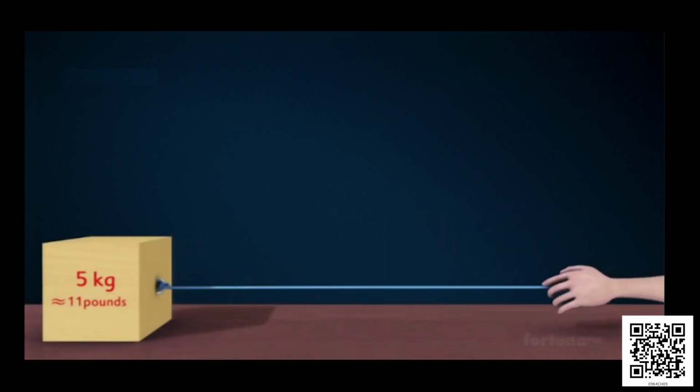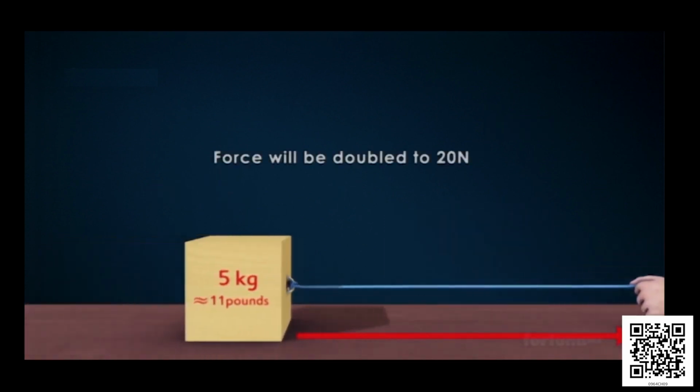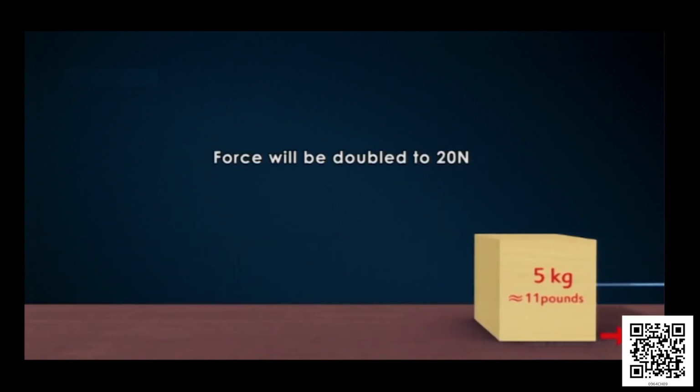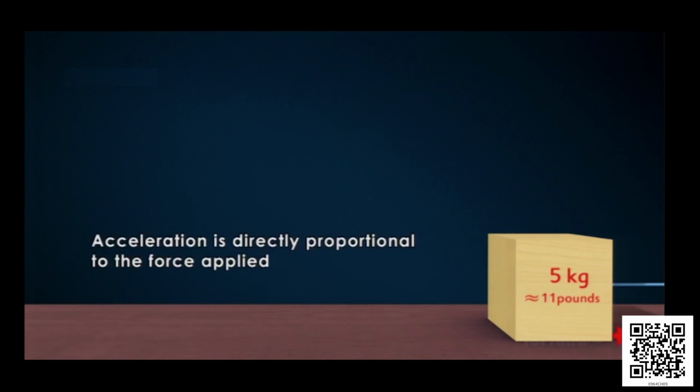If we were to pull the rope with both hands, the force will be doubled to 20 N. In this case, the acceleration will also be doubled, 4 meters per second square. This helps us see that acceleration is directly proportional to the force applied.